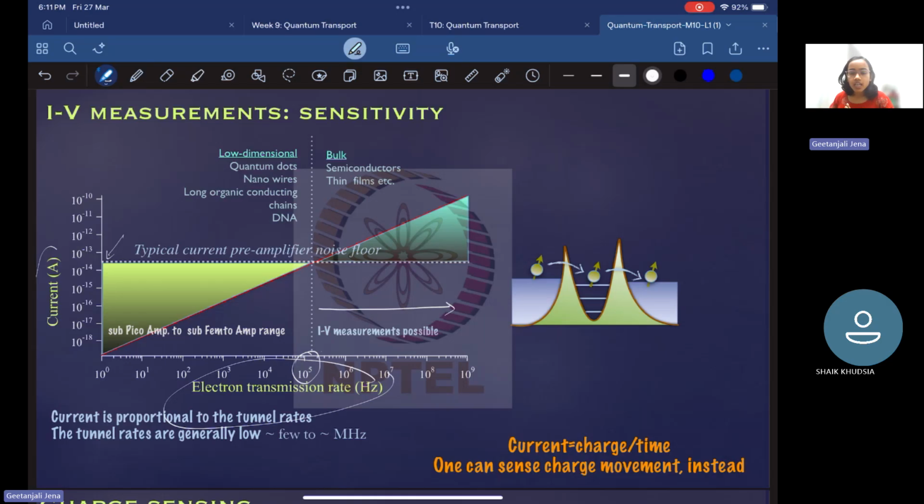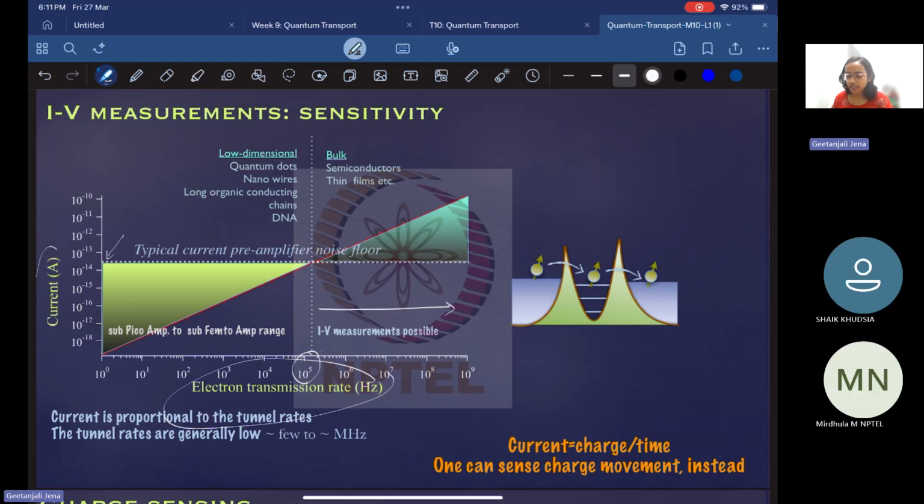So if you want to detect a charging and discharging event, the current should be above this noise level so that you can detect it. This is possible in the high frequency region, from beyond 10 to the 6 to 10 to the 9, megahertz and beyond. There you can use the current sensor to detect the charging and discharging event.